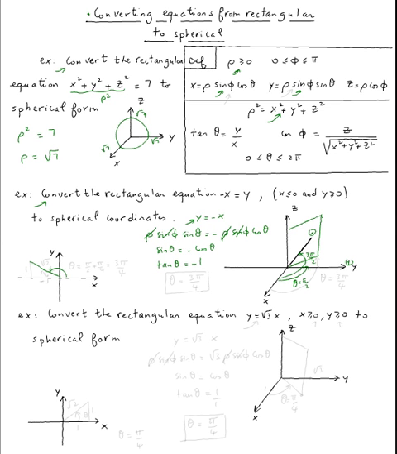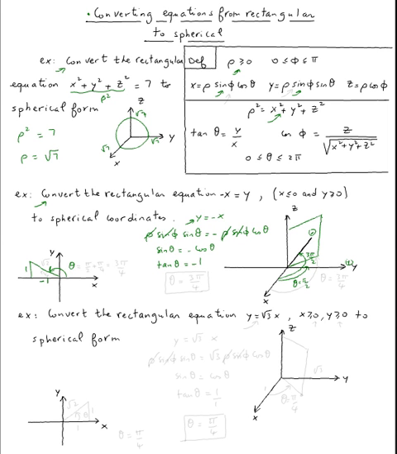So this is my theta. And I know its tangent is equal to negative 1. Something is wrong. Yeah, that's right, from pi over 2 to 3 pi over 2. Yep. So this has to be negative 1.